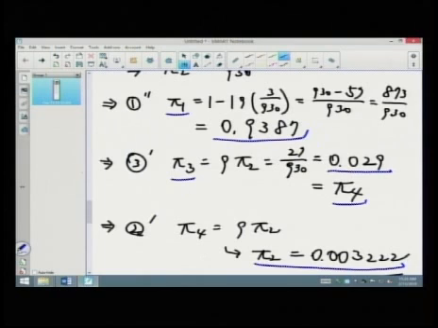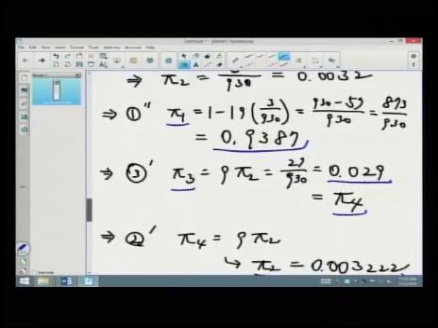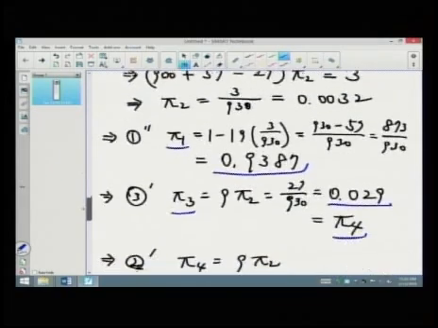We're going to use all of these four pi values to compute the expected premium value. How would you do that?